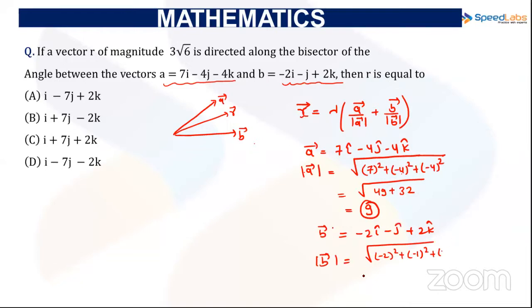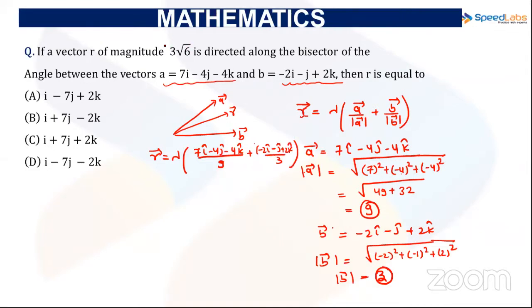So it is equal to 4 plus 1 plus 4, 9, and under root 9 is equal to 3. That means modulus of b is equal to 3. So from here I can say this r vector will be equal to lambda times of 7i minus 4j minus 4k upon 9 plus b vector, which is minus 2i minus j plus 2k upon 3.